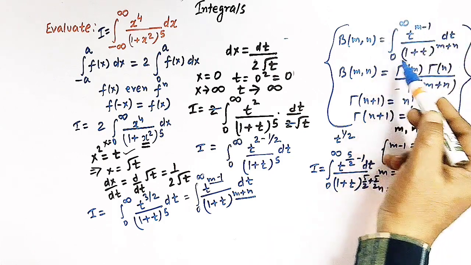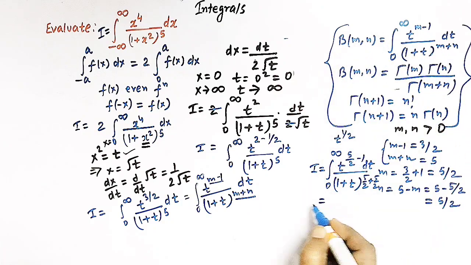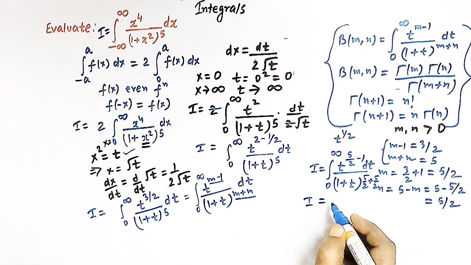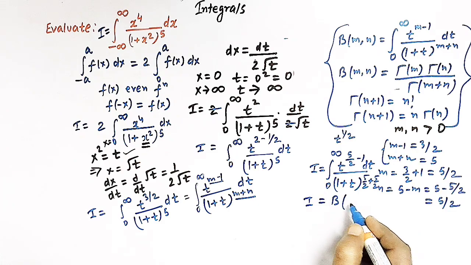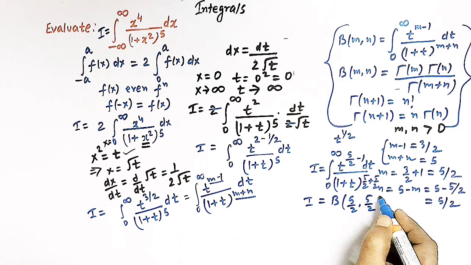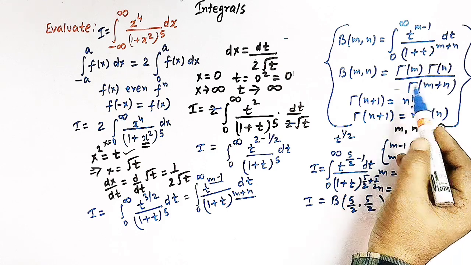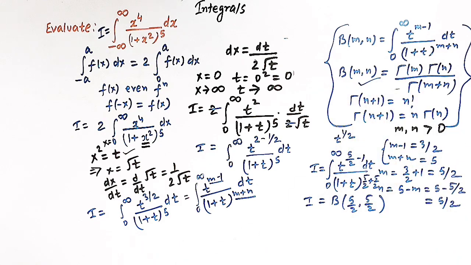And by the definition of beta function, we have this integral I is equal to beta function, that is beta 5 by 2 comma 5 by 2. So let us find out the value of this expression, that is this beta function, by using this result.